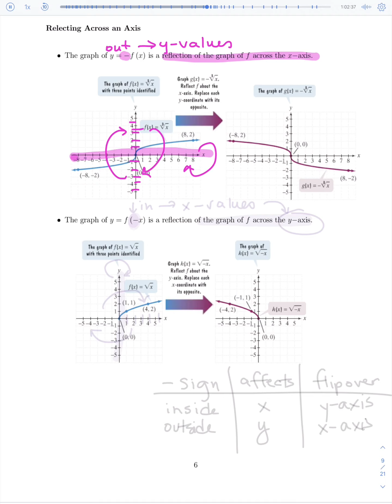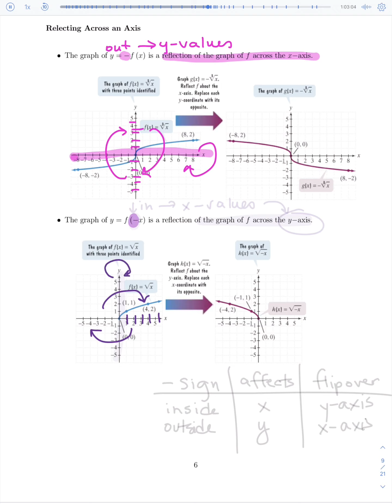However, if you have a negative on the inside of your function, it's going to do the reverse because it's going to flip the sign on your x's. So whatever was positive will become negative, and whatever's negative will become positive. That means instead of going over the x-axis, you're going around the y-axis.